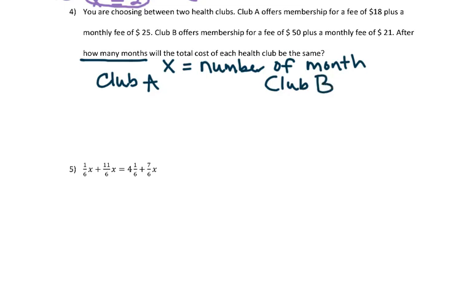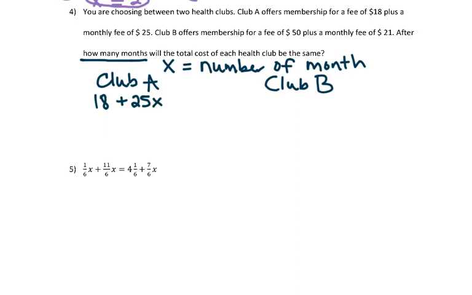So let's write an expression for Club A. We have to pay $18 just to join, so I start with 18. And then I have to pay $25 a month, so I have to add on to that $25 for every month, and x is the number of months.